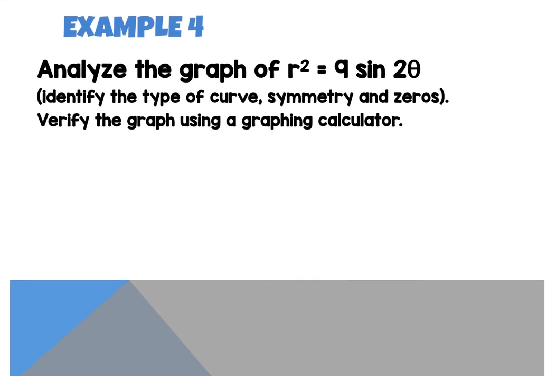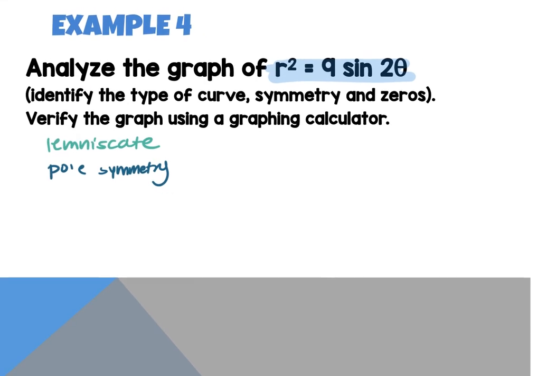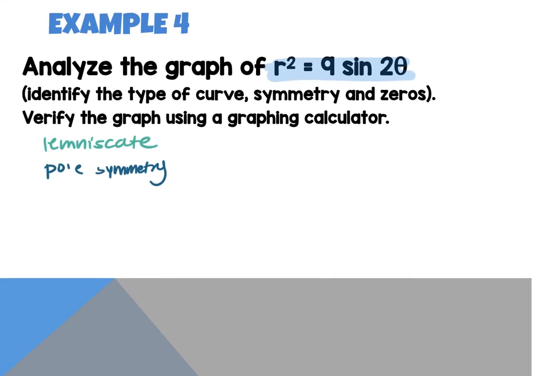So because it's r squared, this is what kind of graph? A Lemniscate. What kind of symmetry do we know it has? Pole symmetry. Okay. If it was cosine, it would also have polar axis, but it's sine.